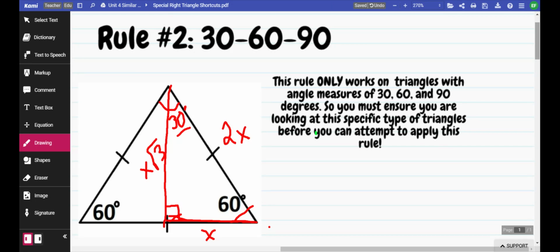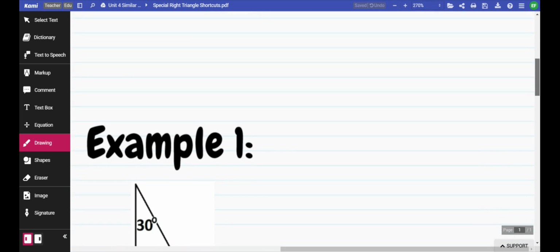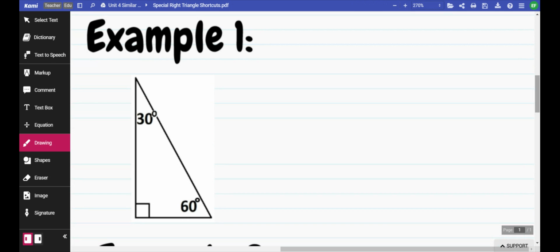So we have our short leg, we call x, our hypotenuse, which is twice as long, or 2x, and our long leg, the side opposite from the 60 degrees, is radical 3 times larger than our short side. So this rule is a little bit more to remember than with our special right triangle, the 45, 45, 90, but we can still do it.